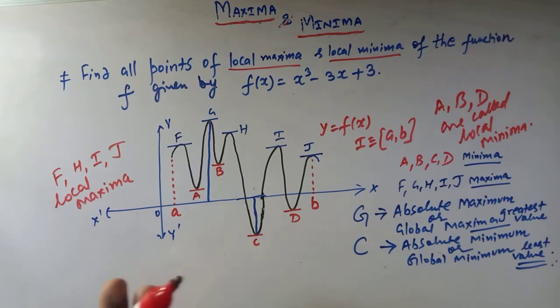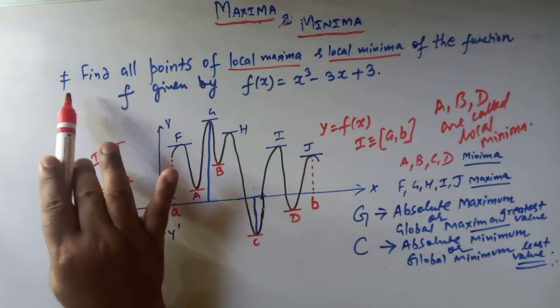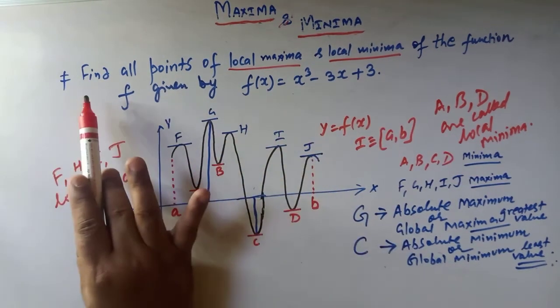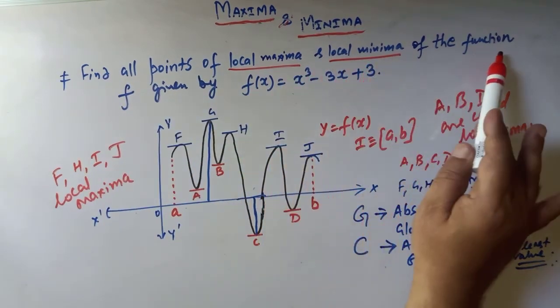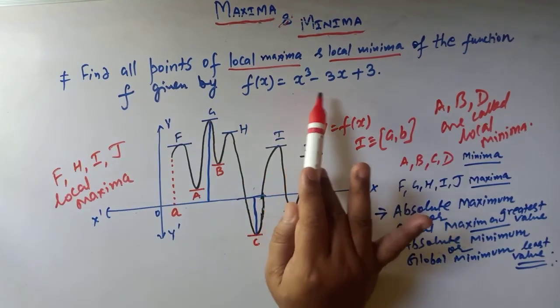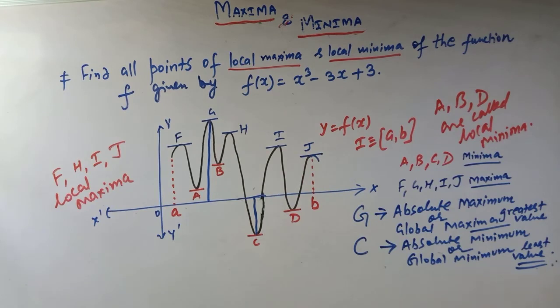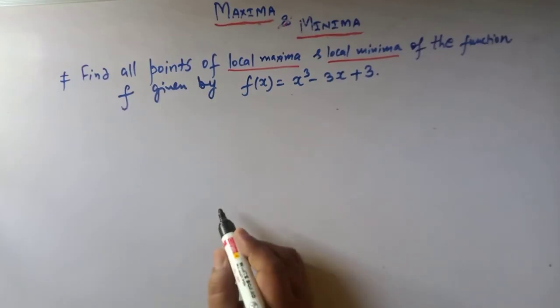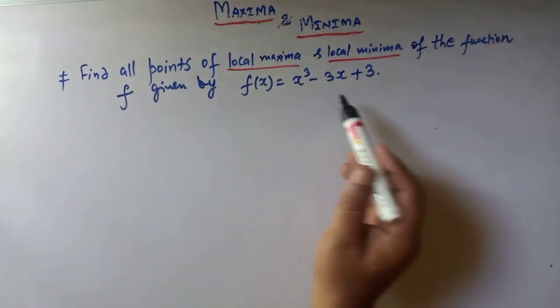So let us come to our main problem. Find all points of local maxima and local minima of the function f given by f of x equal to x cube minus 3x plus 3. Now viewers, let us start this problem.